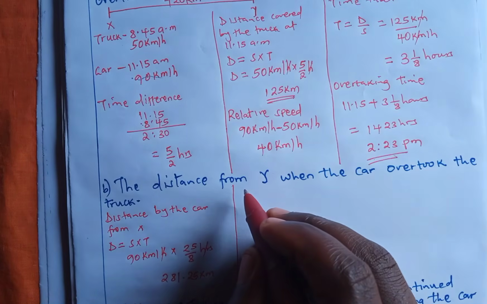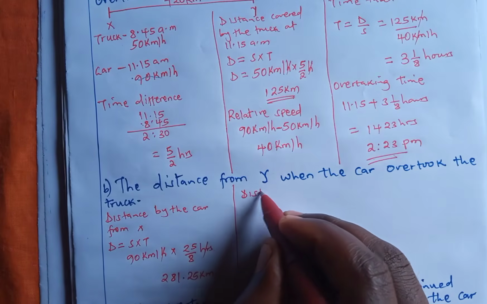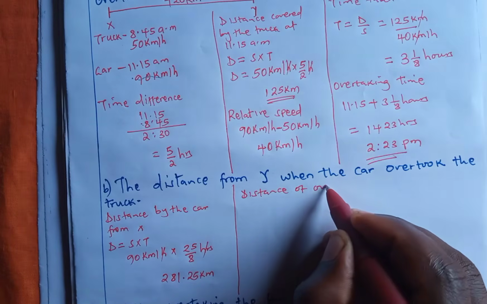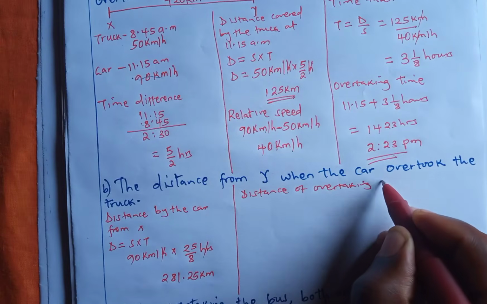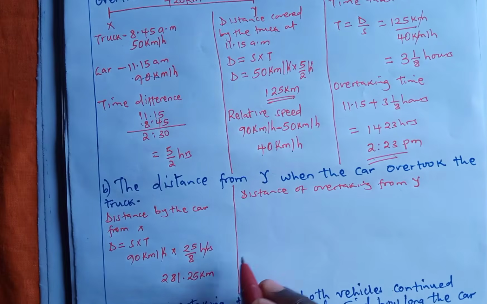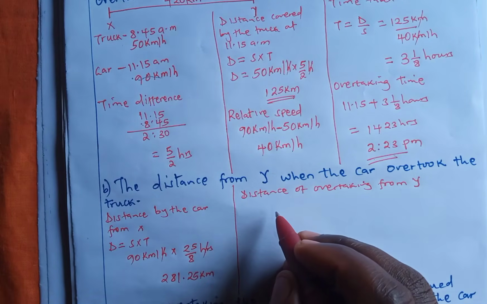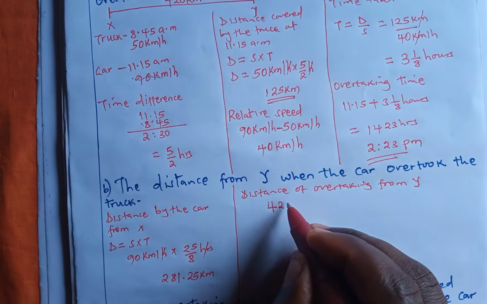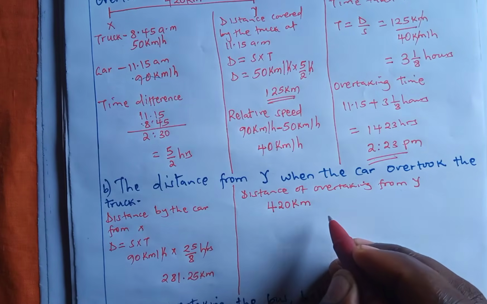Now, the next thing is the distance of overtaking from Y. First of all, we need to remember that the whole journey distance was 420 kilometers.